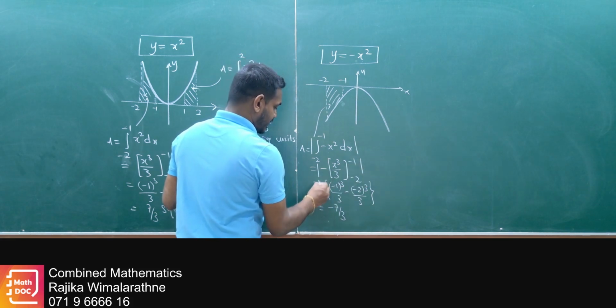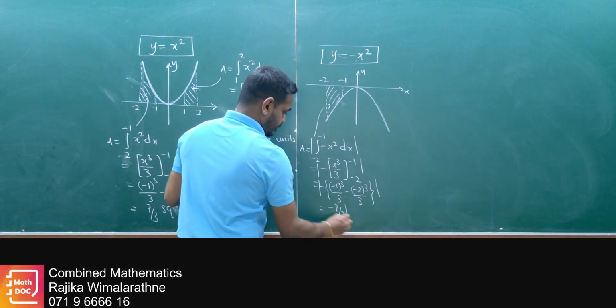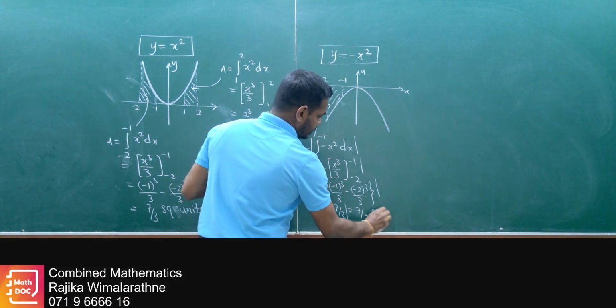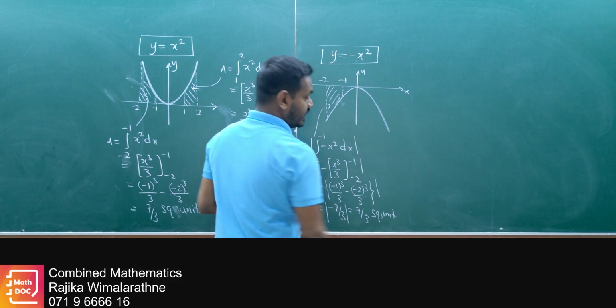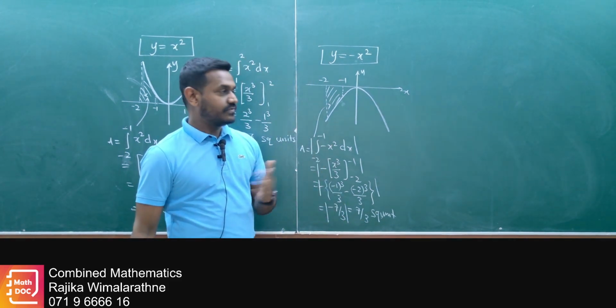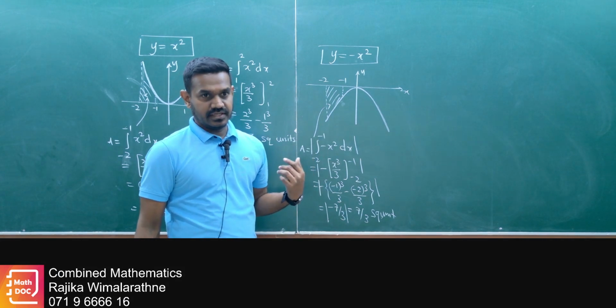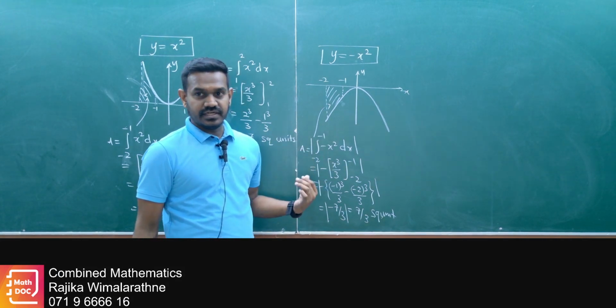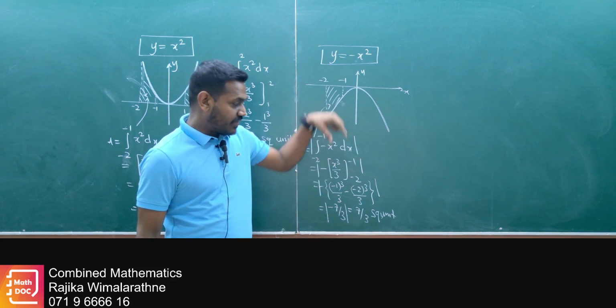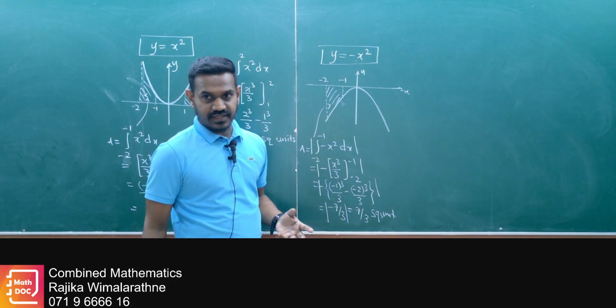Then you can remove this minus sign: 7 over 3 square units. So if the function is in the first and second quadrants, no worries, we can directly integrate to find the area. If the function is in the third quadrant, we do the definite integration and finally put the modulus sign. That's it.